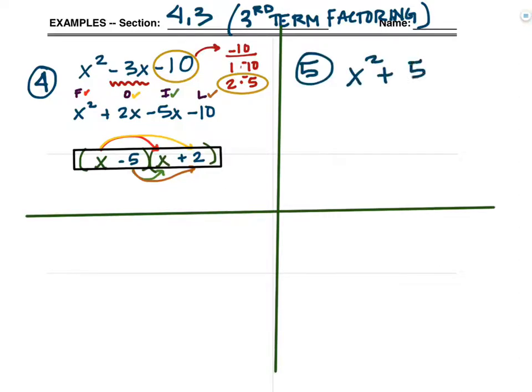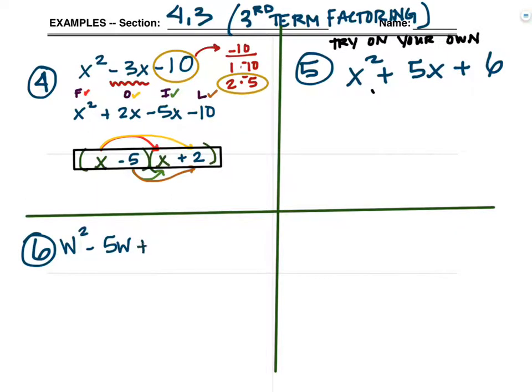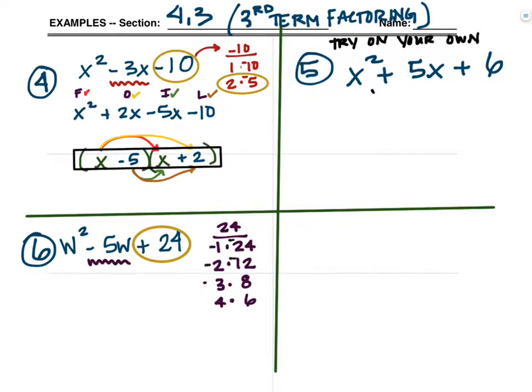For our first trinomial is number 5, it's x squared plus 5x plus 6. So please indicate the factored pairs of 6 and find those that add to 5. The next step is number 6, which I've done partially out for you, for w squared minus 5w plus 24.